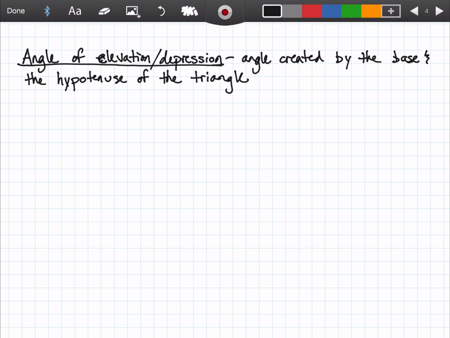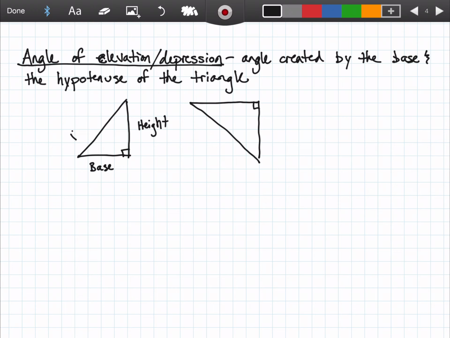And I know a lot of you get confused because, well, I could have a triangle that looks like this, or I could have a triangle that looks like this. Well, like I said, they're the same thing. I'm just labeling these dimensions so you can see what I'm talking about.